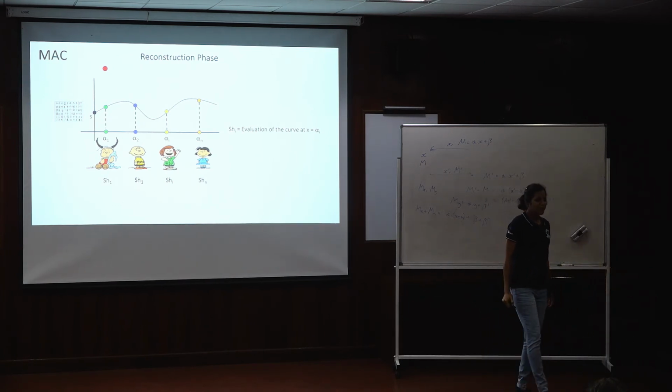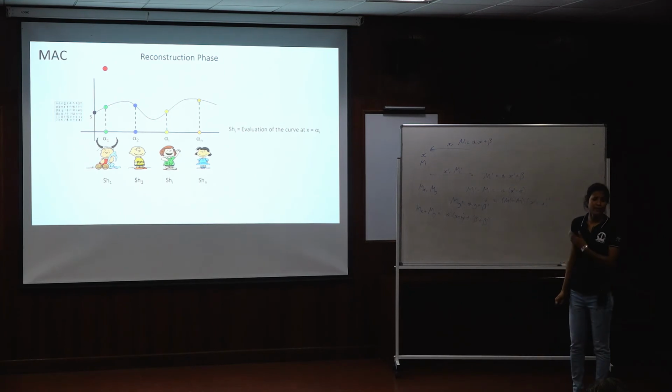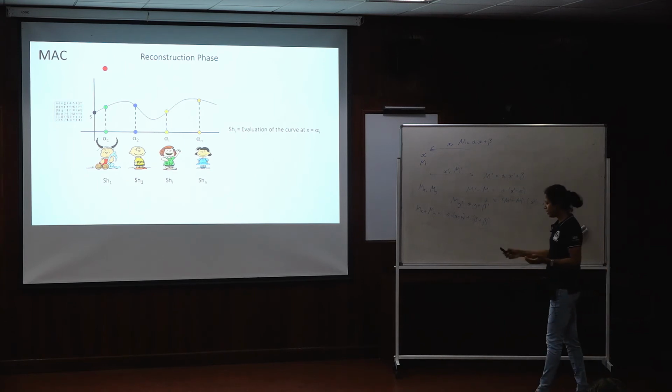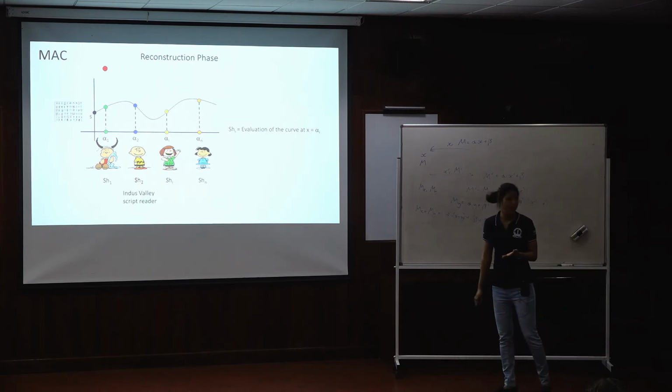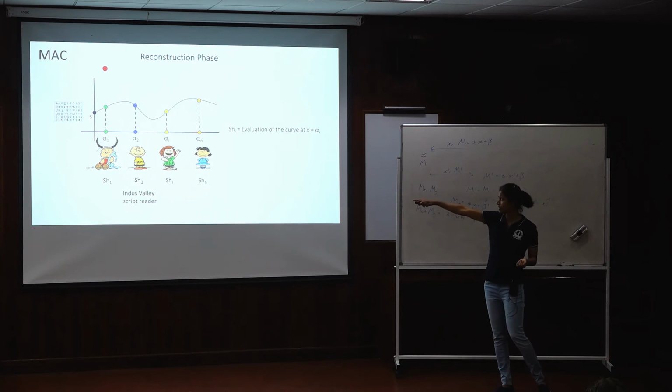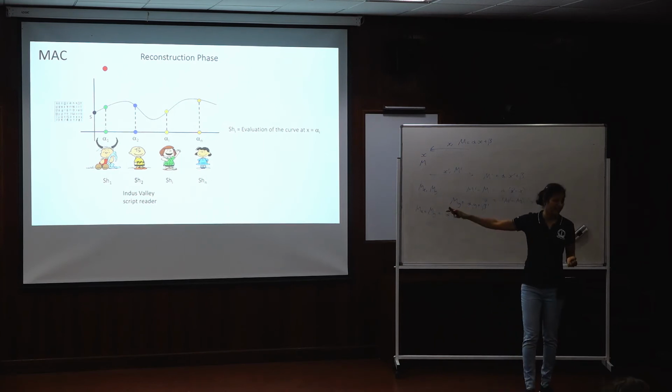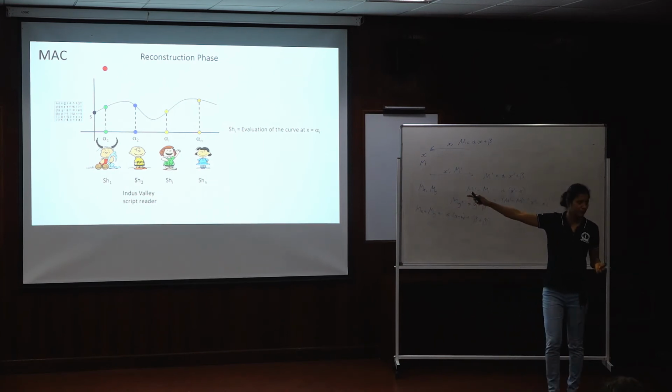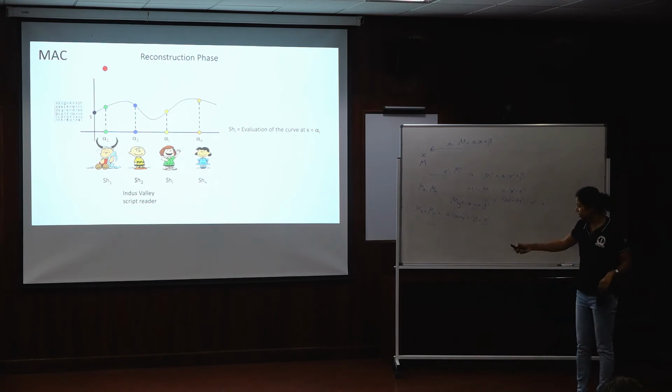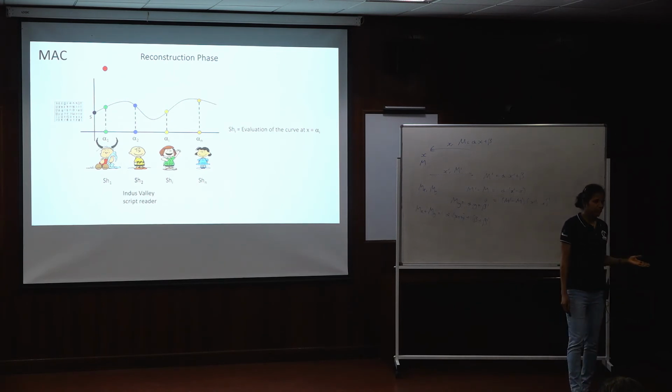Okay, so the MACs are basically some kind of certificates you can think of, written in a coded language, which can be verified by some specific party. Let's say if this party can read the Indus Valley script, only then can he read that certificate, right? And this other party doesn't know how to read an Indus Valley script, right?